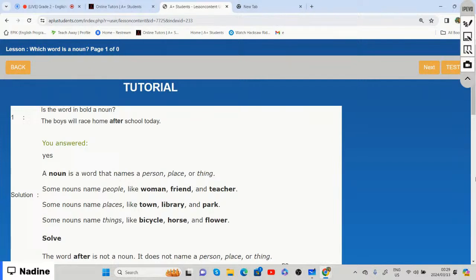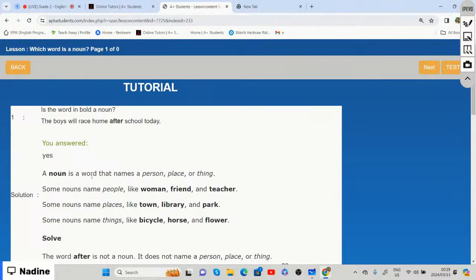All right. So now we're going to say which one is a noun. Remember we said a noun names a person, a place, a thing, as well as an animal, right?